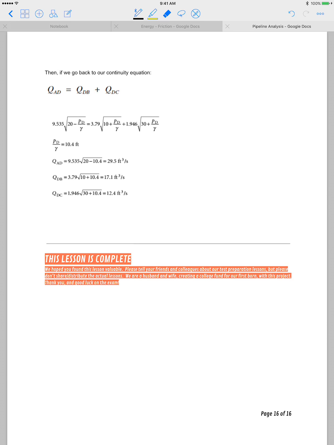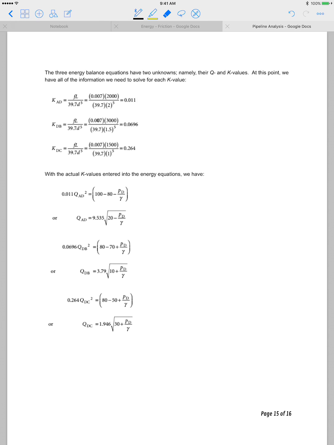And if we look at solving it from the pressure head perspective, the answer is 10.4 foot. We can then take that pressure head value and go back into each one of the equations for Q, stick it in, and have solved for Q.